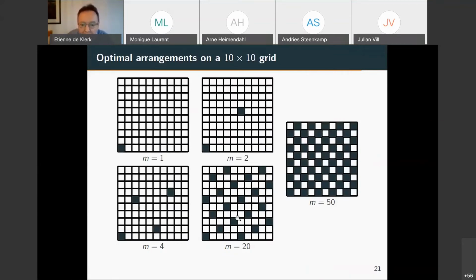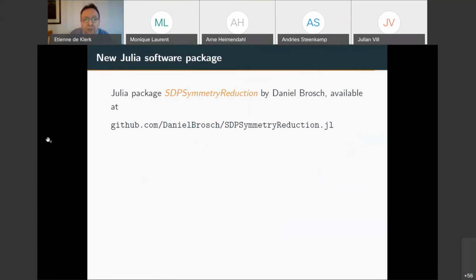But this one that is generated by some types of knight moves is also optimal for 20 particles on a 10 by 10 grid. And we could actually do some extensive computation for up to 100 by 100 grids, establishing optimal configurations in this way.